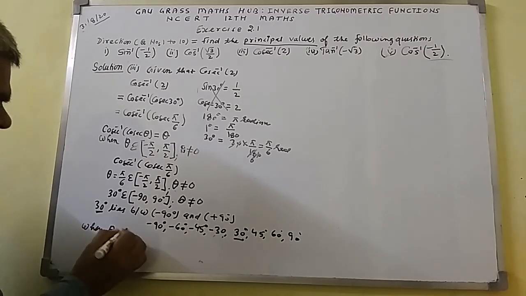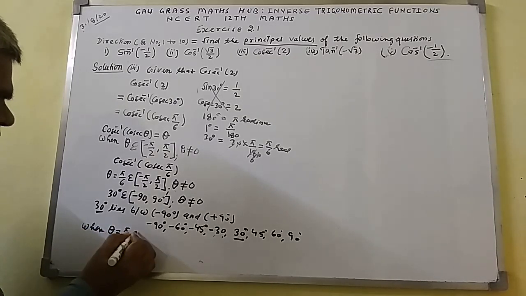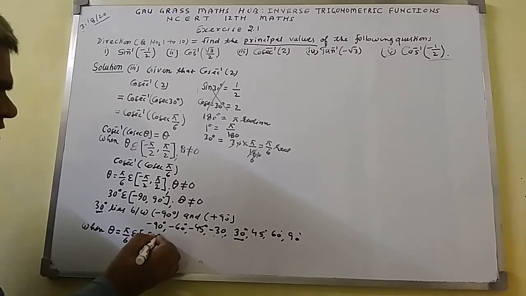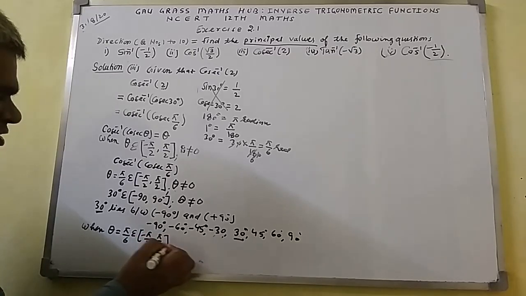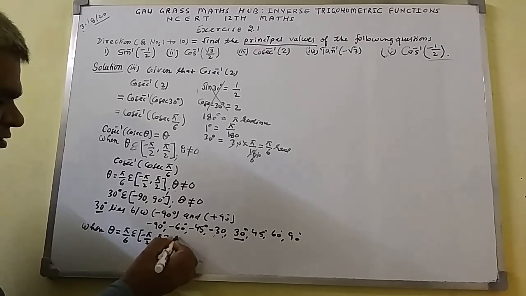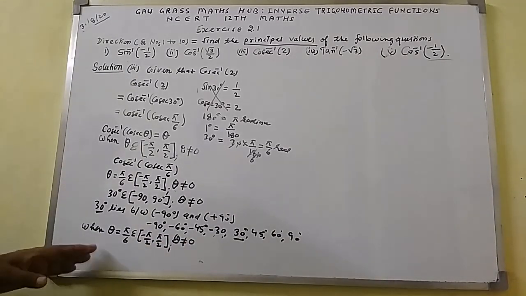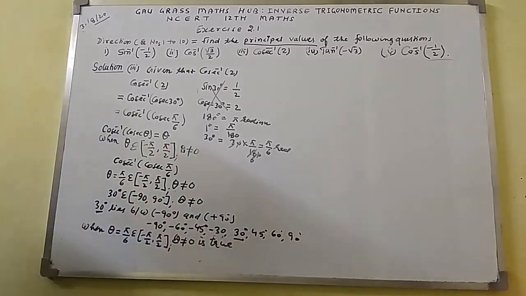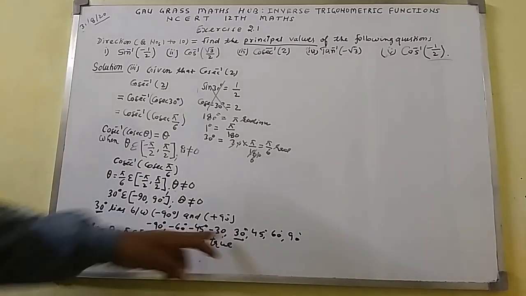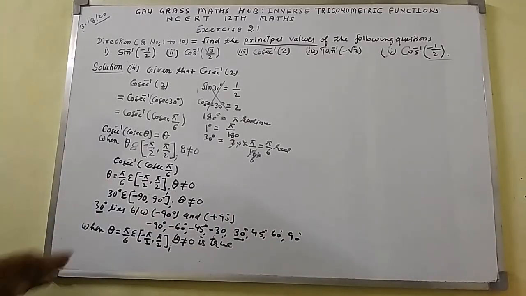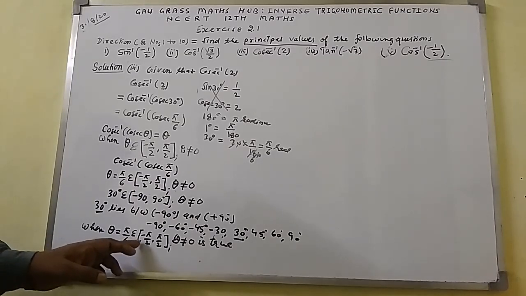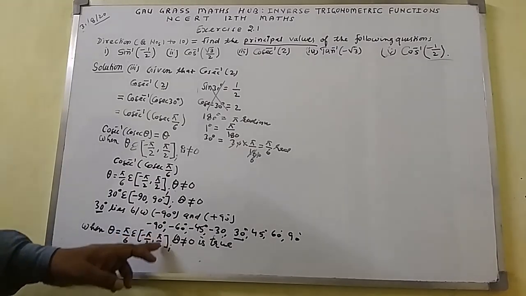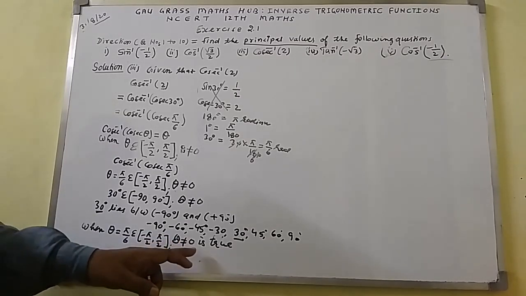So this statement is true when theta equal to pi by 6 belongs to closed interval minus pi by 2, comma pi by 2 closed interval, theta not equal to 0, because here 30 degree lies between minus 90 degree and plus 90 degree. This is true.